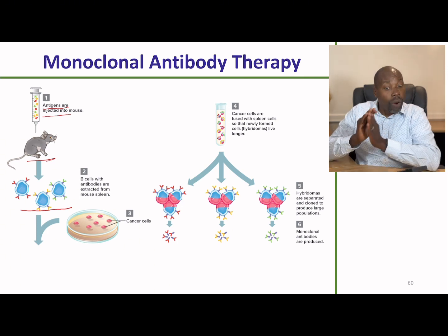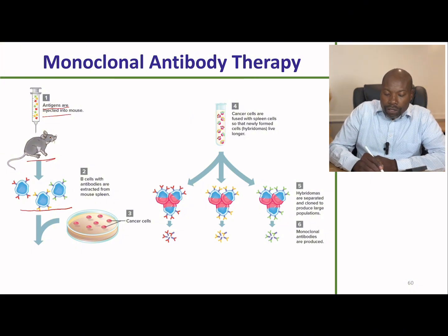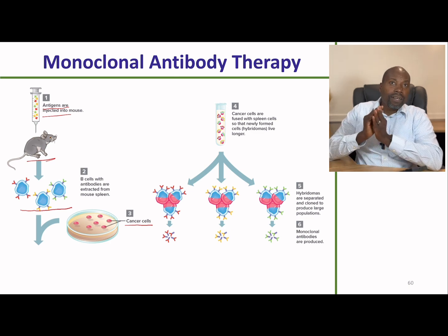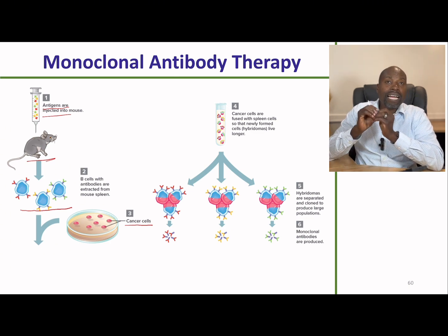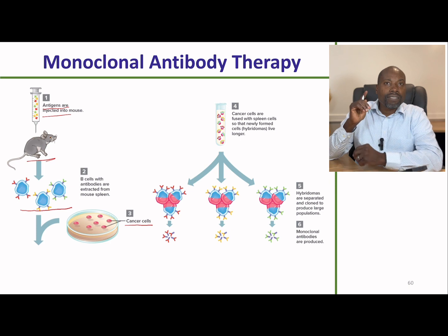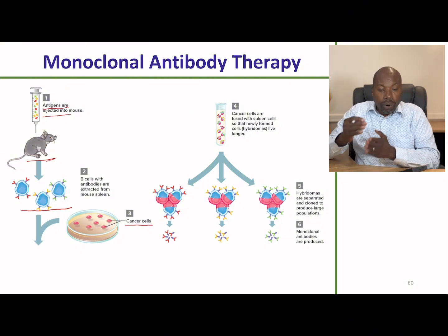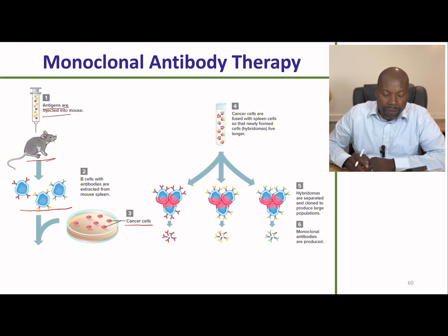Now, so that's one. Two, we are going to have, on the other hand, a cancer line of cells. This cancer line of cells have this advantage that it can multiply over and over and over, right? So you see the advantage, these cells are immortal. Now, what are we going to do from there?